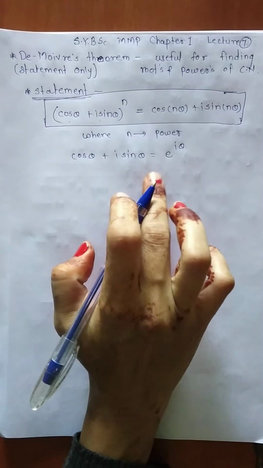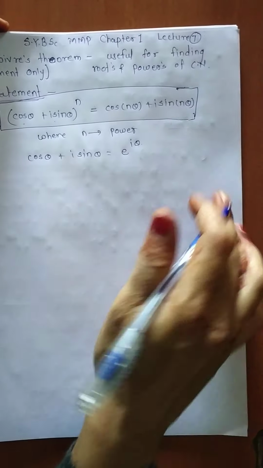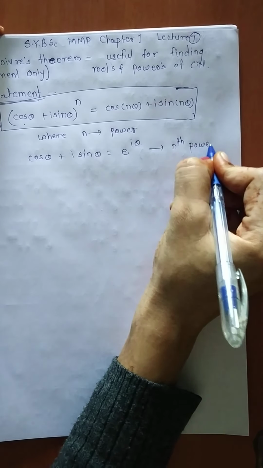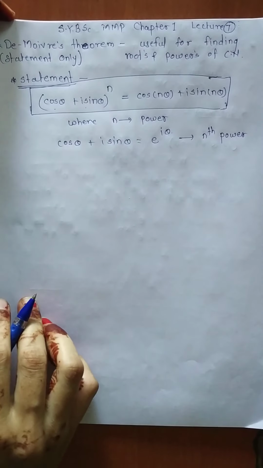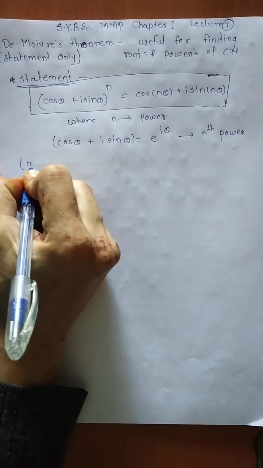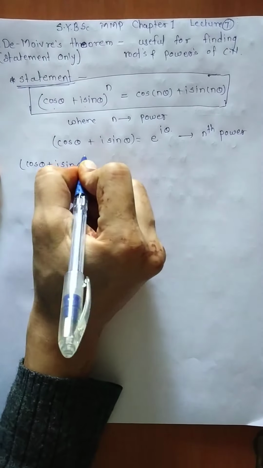Now if I take the nth power of this Euler's formula, what will we get? I will get cos theta plus I sin theta raised to n.